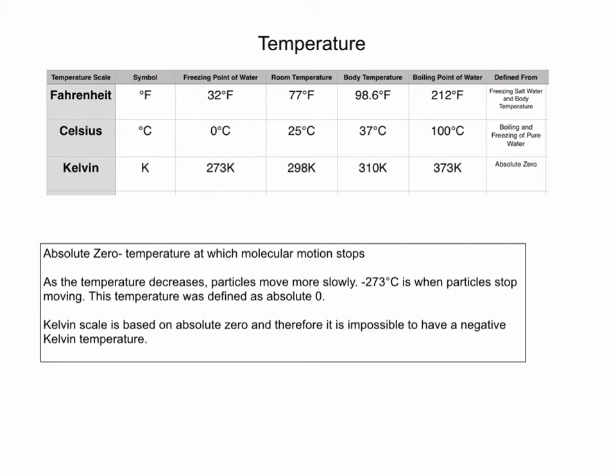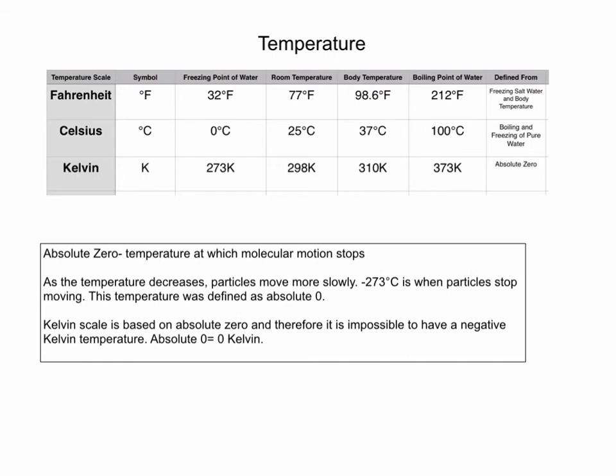And that's really all the Kelvin scale is. Absolute zero is 0 Kelvin. And then everything else must have a temperature higher than absolute zero, when all the particles stop moving.